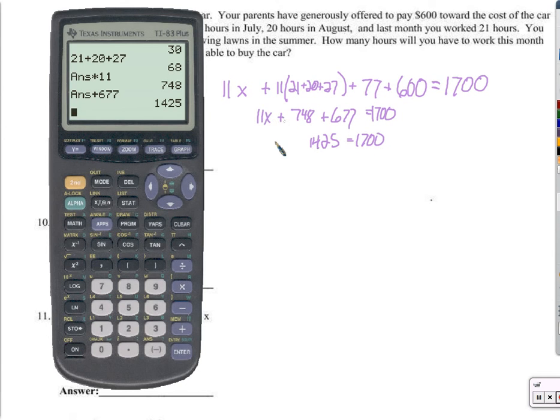So the money that I will get plus the money that I already have needs to equal 1,700.